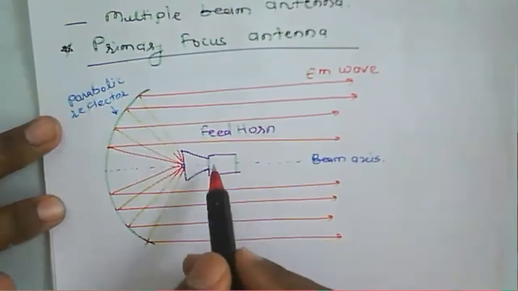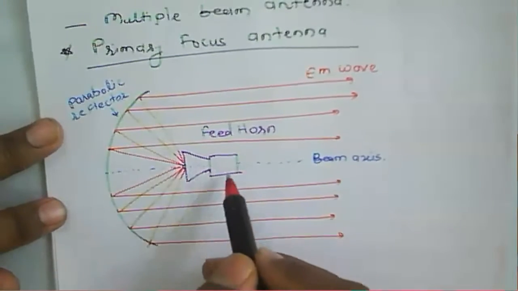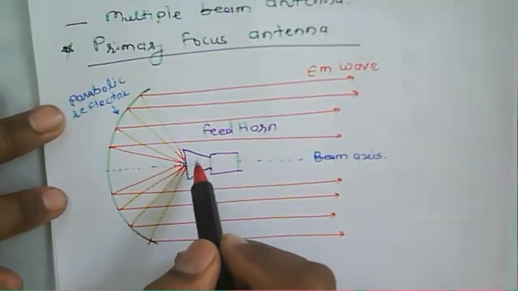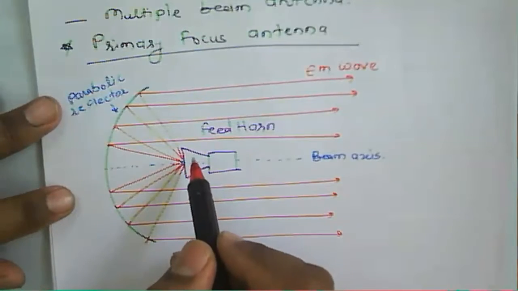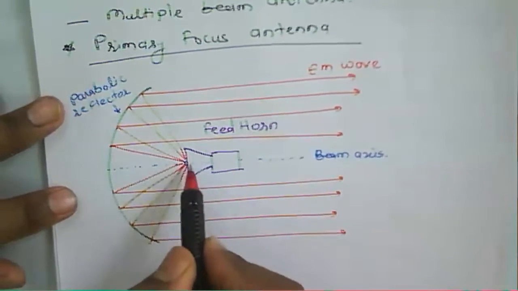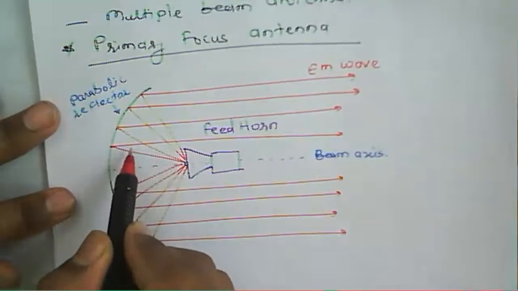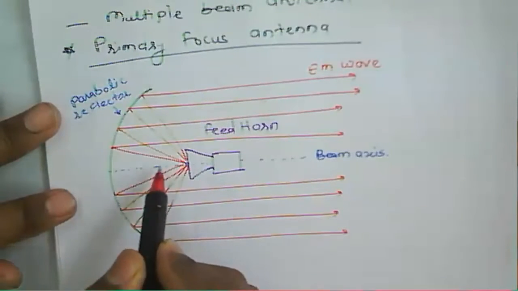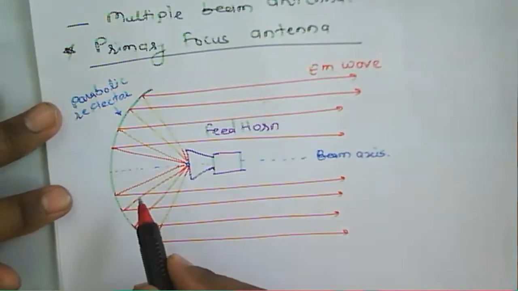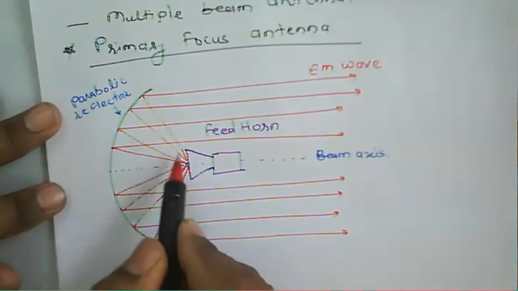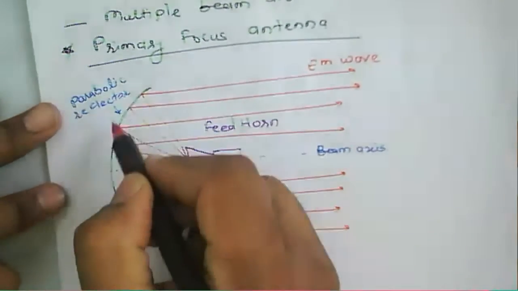And it has a horn antenna or a feed horn antenna that is placed at this focal point there. So energy radiated from this feed horn will be incident on this parabolic reflector.